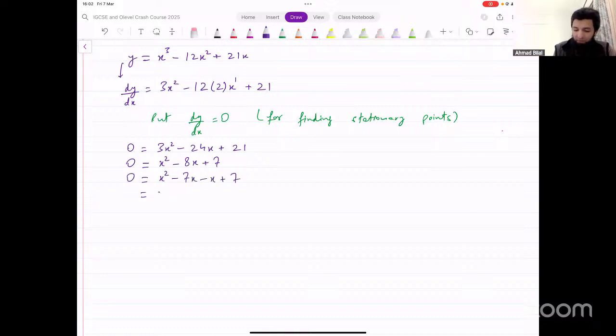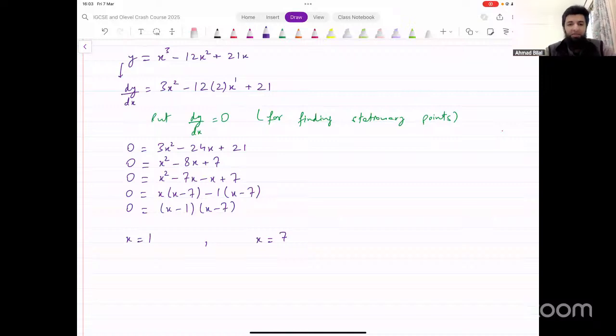First of all, we can take x common from the first two terms. That leaves us with x minus 7 inside, then minus 1 into x minus 7. And that gives us two factors, x minus 1 into x minus 7, which means either x equals 1 or x equals 7.